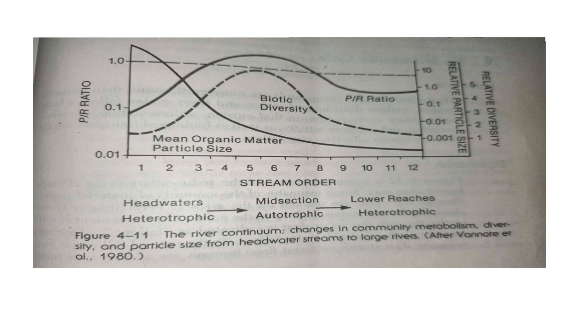In the lower reaches the water becomes more muddy and light penetration reduces, and production over respiration is also reduced as compared to the midsection area, thereby leading to the heterotrophic mode of life.